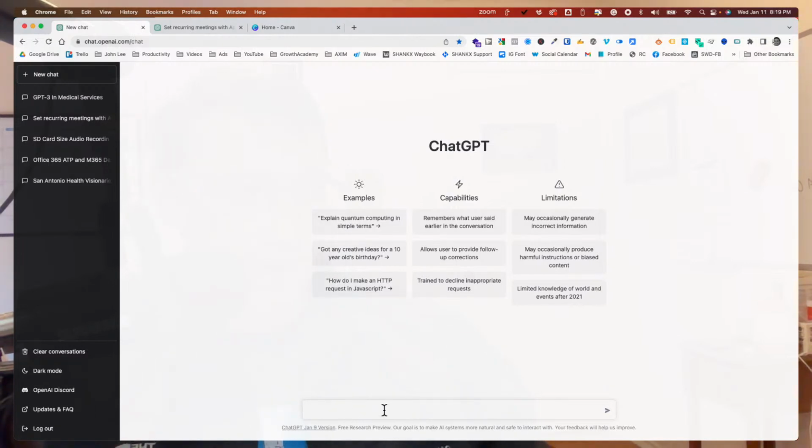Okay, so I will put in here: I am a doctor and I am seeing a patient who is 40 years old and has Indian origins.